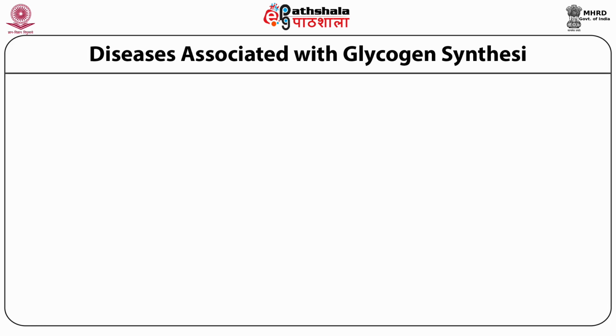Now, let's try to explore the diseases associated with glycogen synthesis. Actually, the diseases associated with glycogen synthesis and degradation are classified under the group called glycogen storage diseases. So over here, we will review the diseases associated with glycogen synthesis.